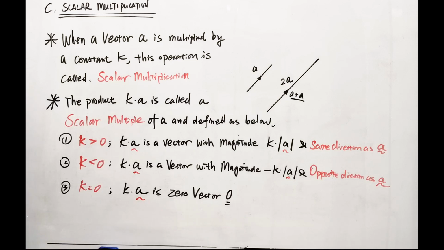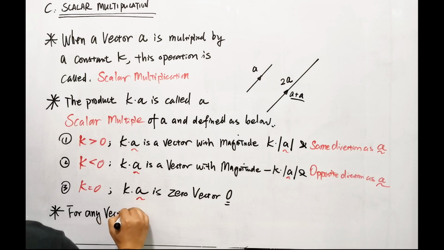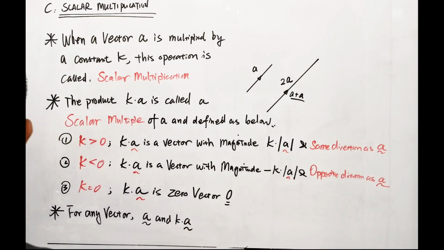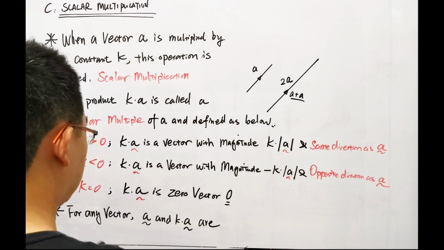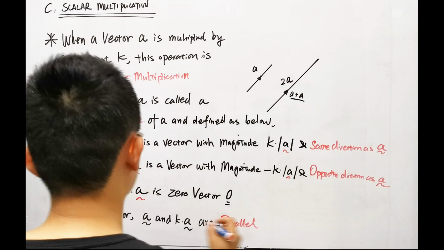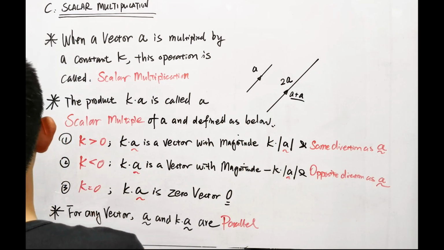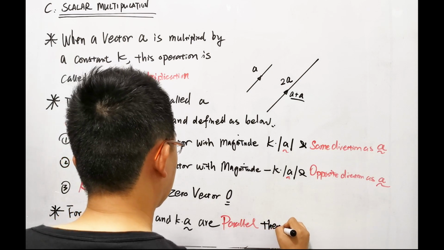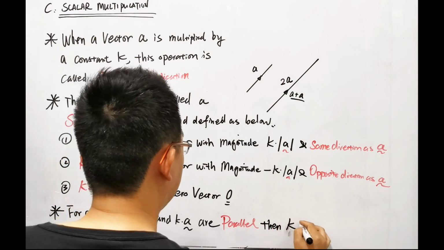That's also another important concept. It's a very important concept here. For any vector A and K times A, if these two vectors are parallel, then K cannot be 0.